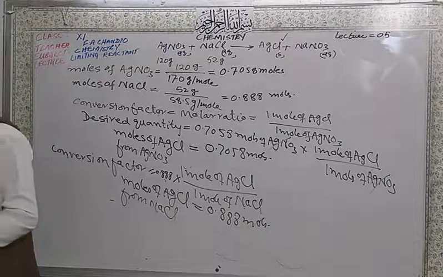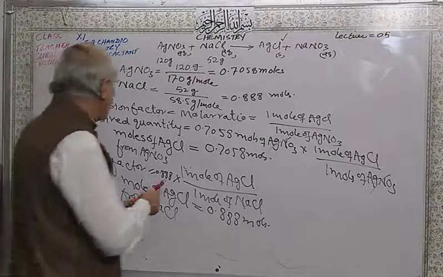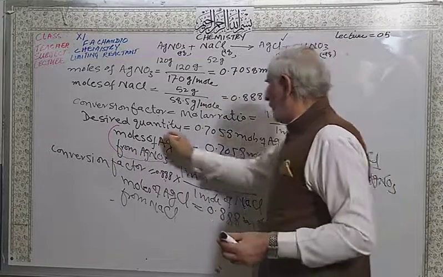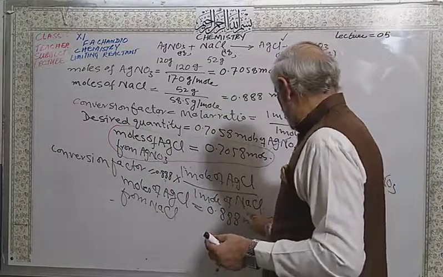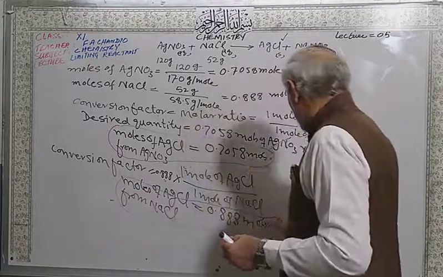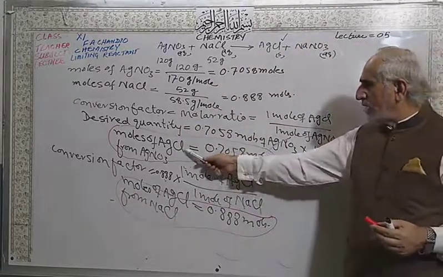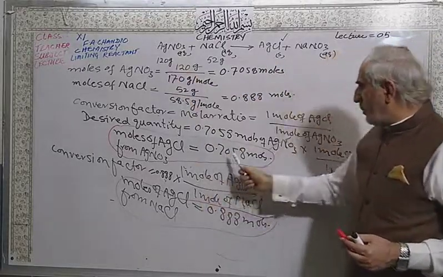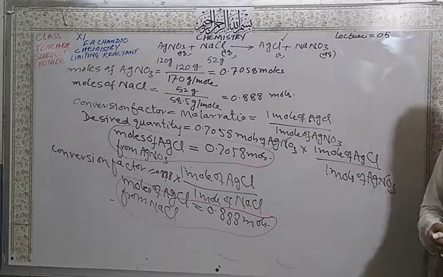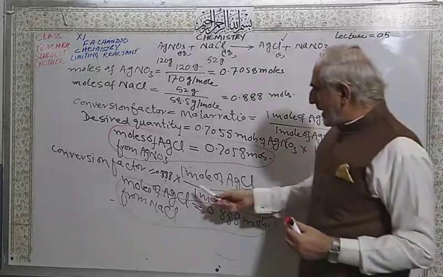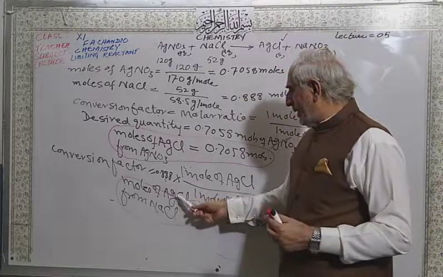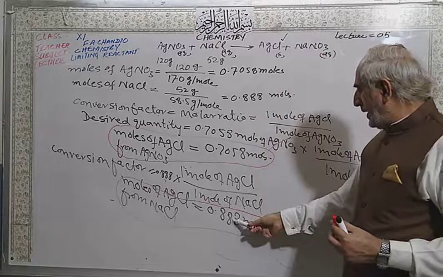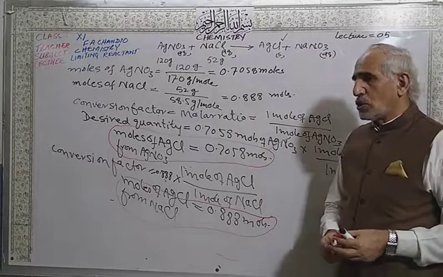Now students, you see here, these are the moles of silver chloride that we calculated from the silver nitrate, 0.7058 moles. And these are the moles of silver chloride calculated from the sodium chloride, 0.888 moles.